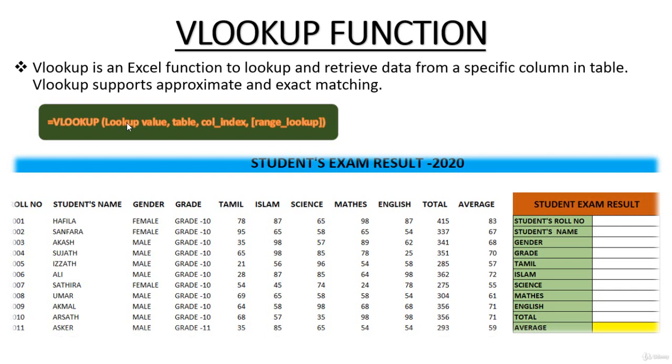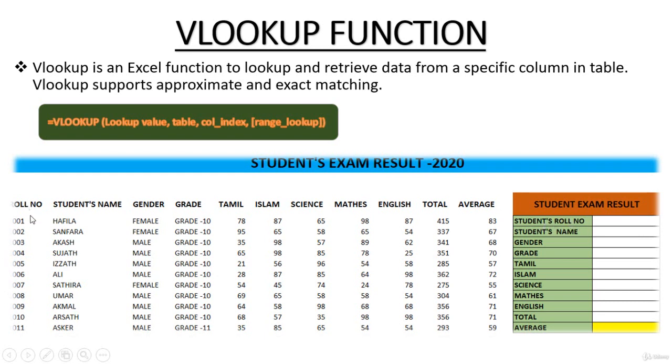Lookup value means on what basis you are going to search the data. For example, if you look at this example, we will discuss in the practical section how to do this task. Now I'm going to explain how the VLOOKUP works. So lookup value means we are going to search based on student roll number.